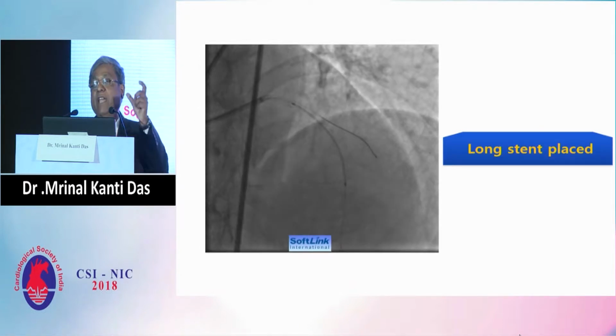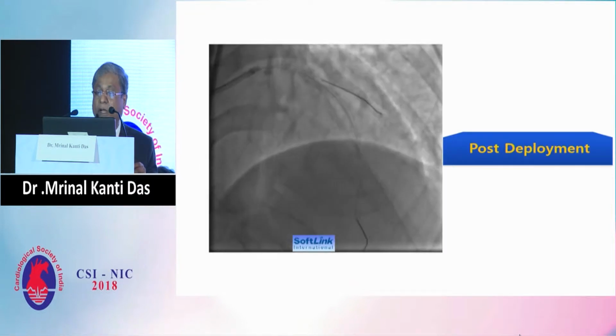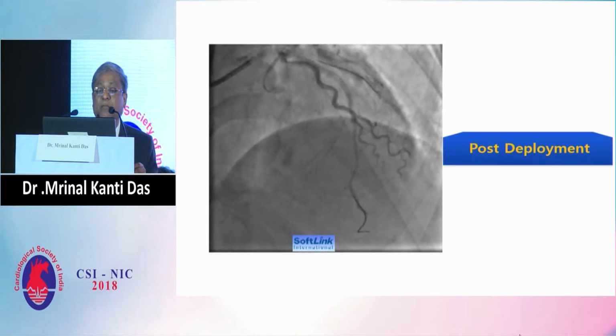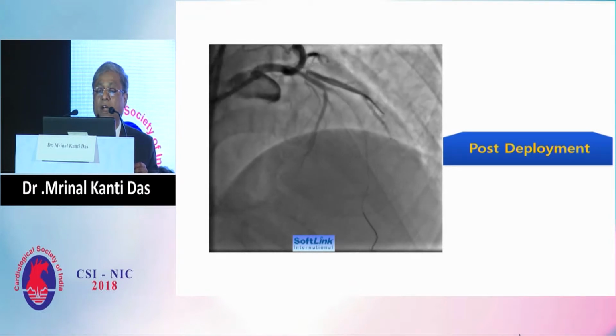So we could find out the length of the stent to be deployed in this artery, and we put a long stent, and that was deployed, inflated, and after that the post-deployment injection showed this kind of flow.